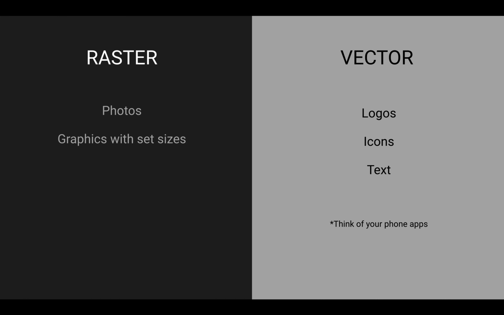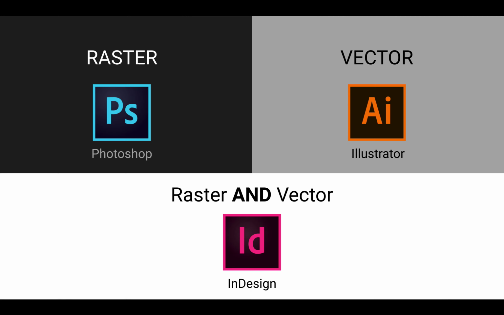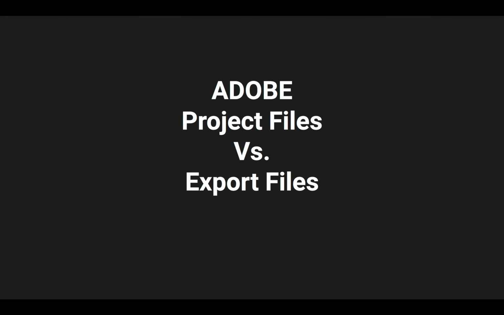Those were all originally designed as logos, as vectors. So to go over the programs that you would use each of these in, in Illustrator, we would use vector graphics. We did that with the letter image project. And in Photoshop, you would use raster graphics. And we'll get to this when we do the next project. But InDesign is a place where you can use both raster and vector artwork.